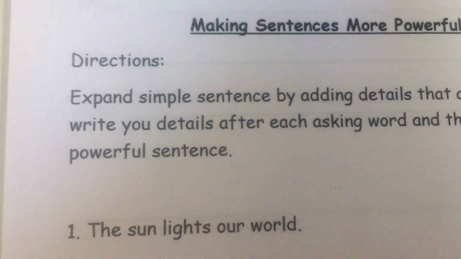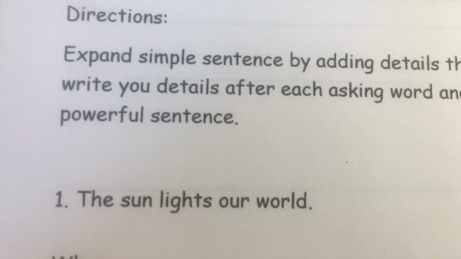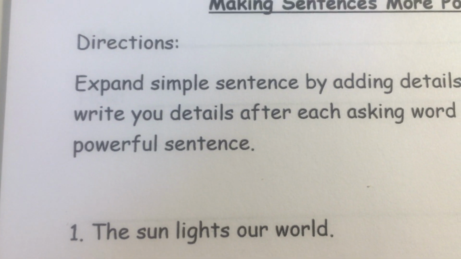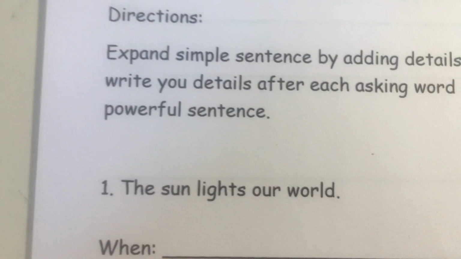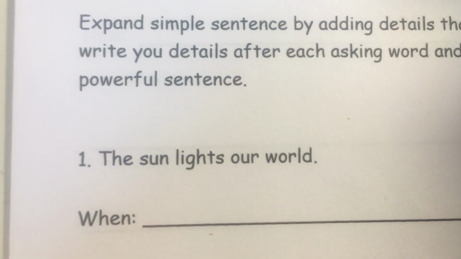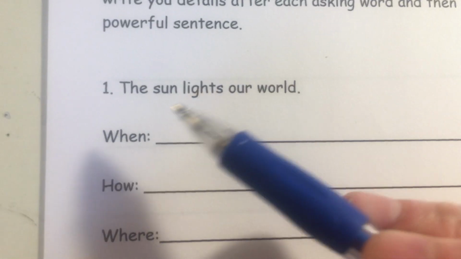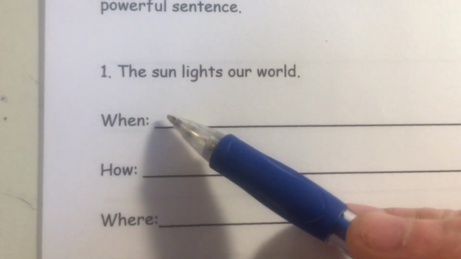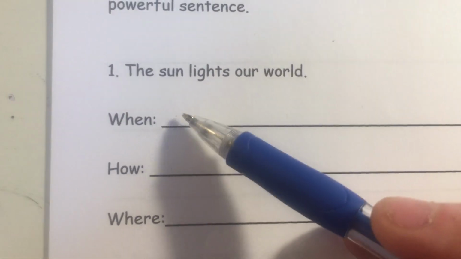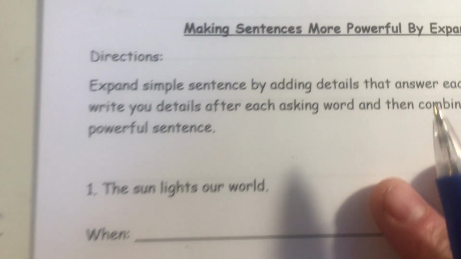So today I'm going to show you another strategy for making more powerful sentences. It's a little different than last week, where you were combining three sentences into one. This week, I'm going to give you a basic sentence, and you're going to add some details by answering some asking words.